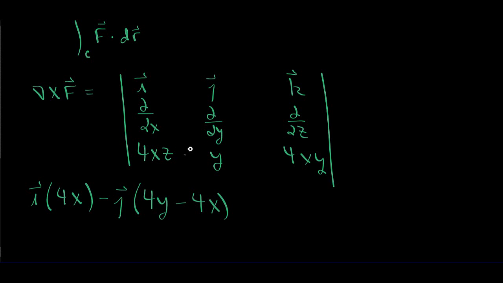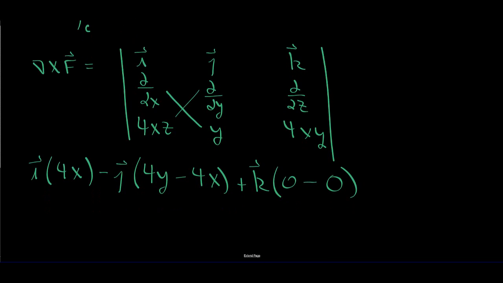Now finally, plus k. Okay, so we've got the partial with respect to x, that's 0. Partial with respect to y, that's 0. So now it looks like we've got our curl. Our curl is going to be 4x, 4x minus 4y, and then 0. Looks like that's going to be the curl.